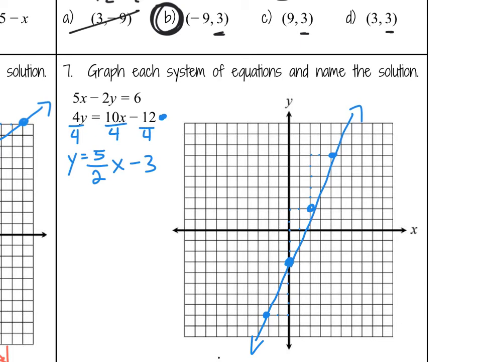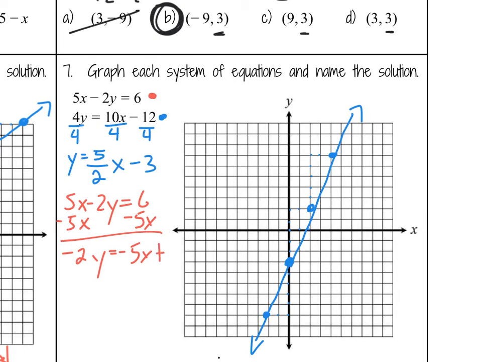The next step then would be to take that equation on top, and we are going to need to do a little bit of work to get that one ready. Start by copying that down and starting to solve for y. Subtracting 5x from both sides will get me negative 2y equals, I like to put my x values first, so negative 5x, and then the 6 is positive, so it becomes plus 6.